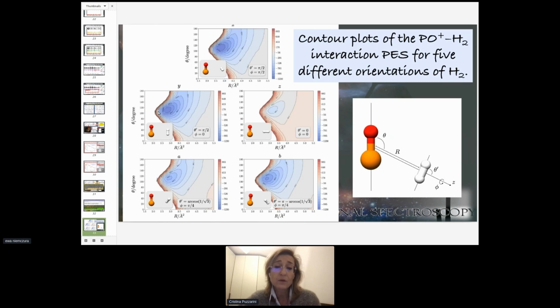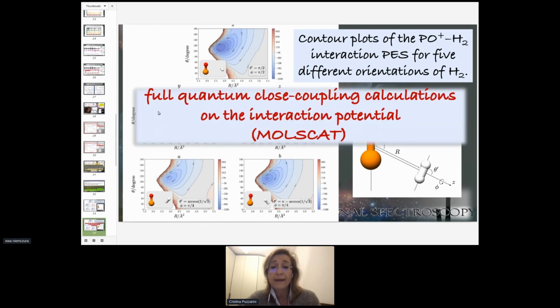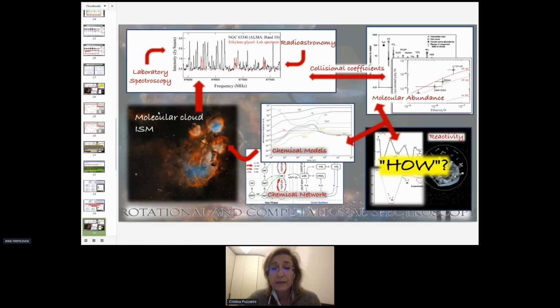And once you have this, you can, using, for instance, a full quantum close-coupling calculation, derive all the collisional information you require. And so the next step is to understand how these molecules are formed in space.